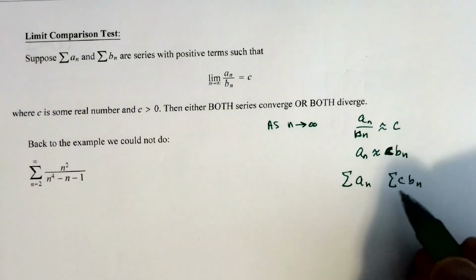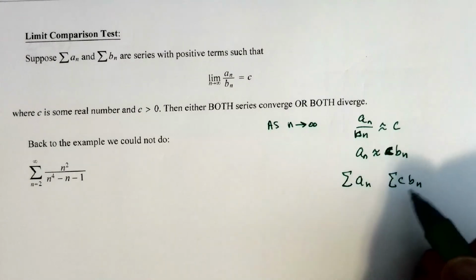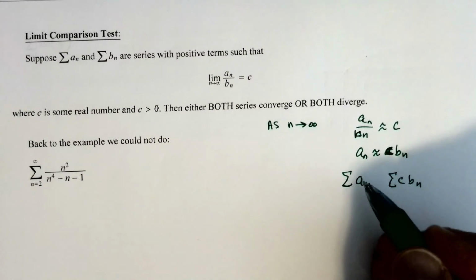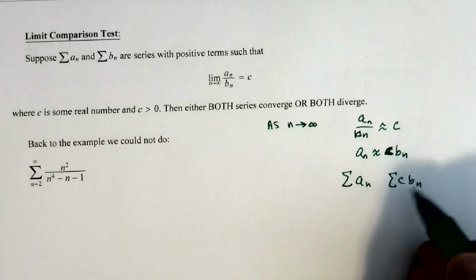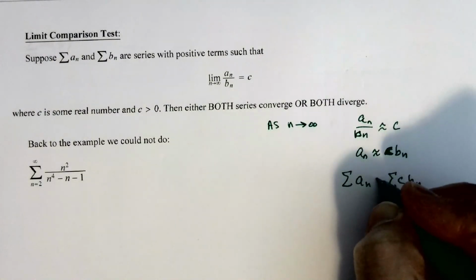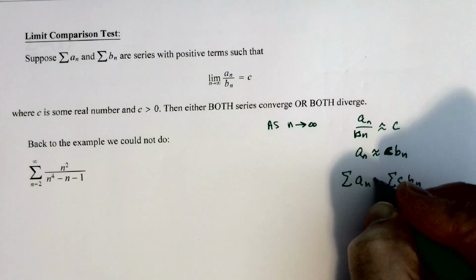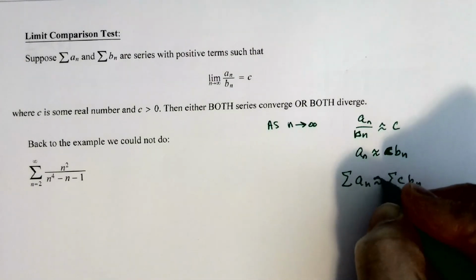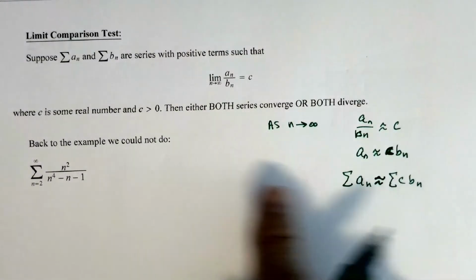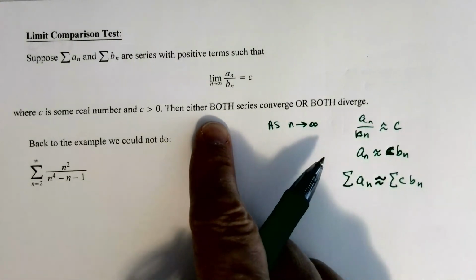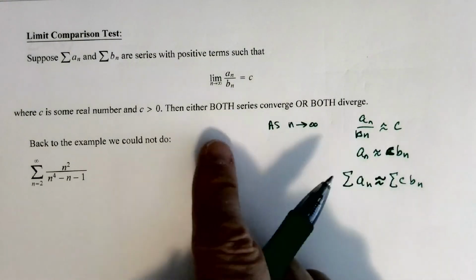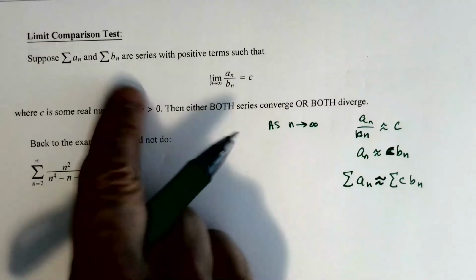On the other hand, if this series diverges, and a sub n is about the same, then this series is also going to diverge. I'll just say these two series are approximately equal. So that's what we say: either both series will converge or both will diverge, and I don't need to do any comparing between these two series.